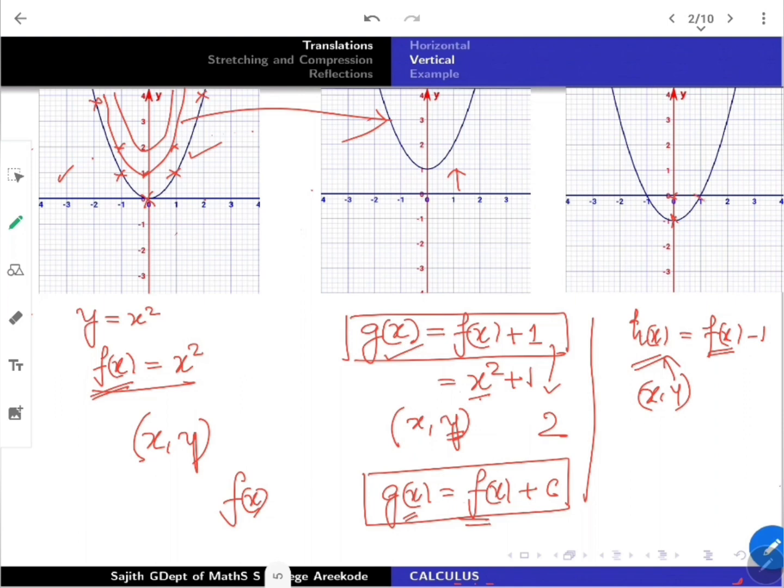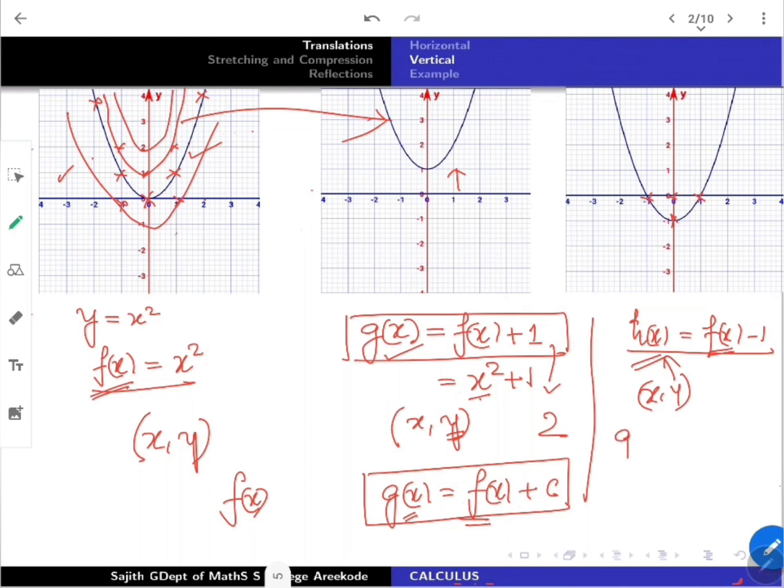Very similarly, all the points are shifted downwards by 1 unit from the original situation. So we will get the graph of h of x just by shifting downwards. So h of x equals f of x minus 1 has the graph of f of x shifted 1 unit downwards. That's the vertical translation, but now in the downward direction.